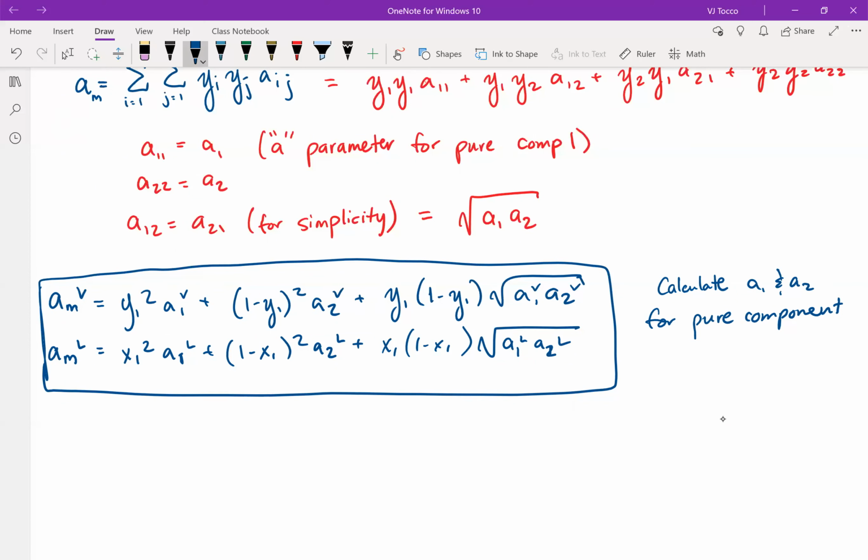Now, of course, remember that by Gibbs phase rule, you can set 2 of the 4 variables, of T, P, X and Y. You can only set 2 of them, and then by the Gibbs phase rule, the other 2 become set. So typically, you would either set temperature or pressure, and then X or Y when you're drawing your TXY diagram. You never set both X and Y. So in other words, when you're doing this equation, one of them is unknown.